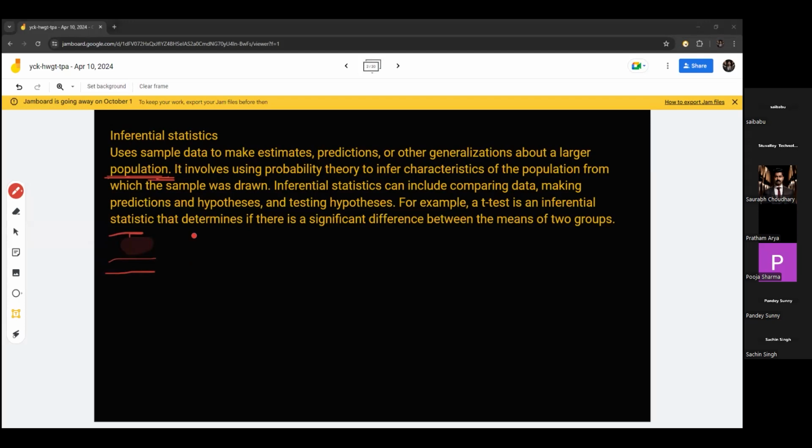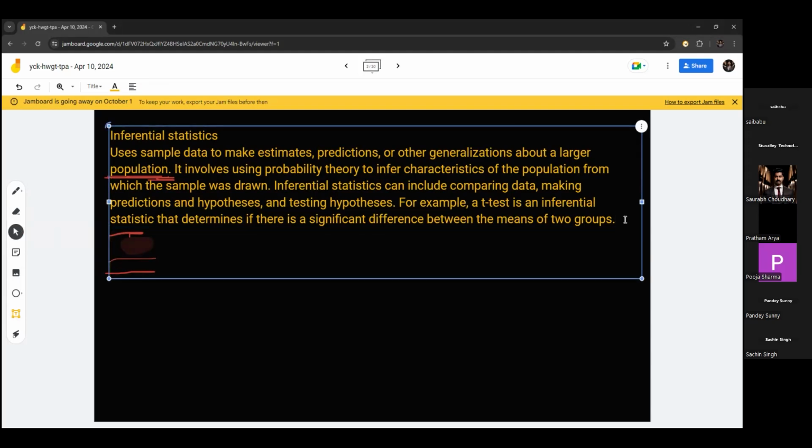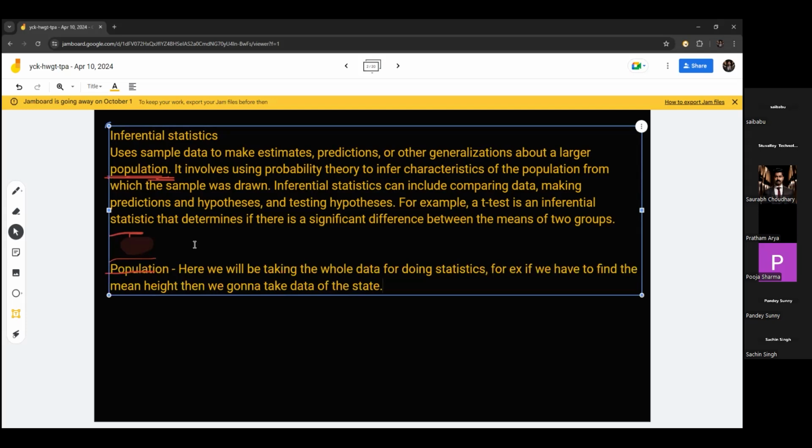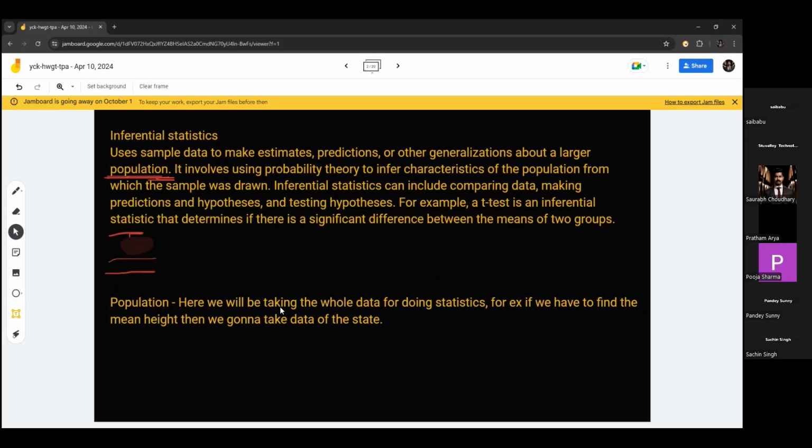Subina, yes, correct. Entire data, that is the population. So we have to be very careful when we are taking the data and sample. Population here means we take the whole data for doing statistics.